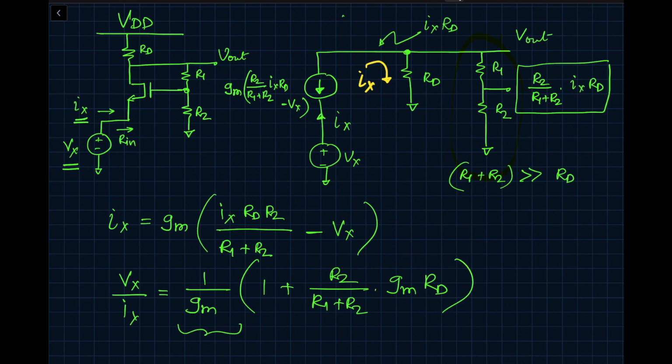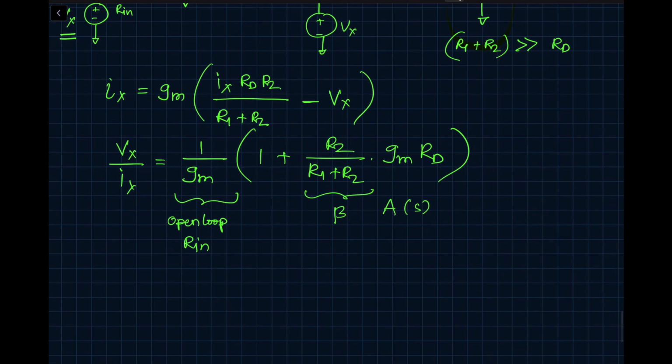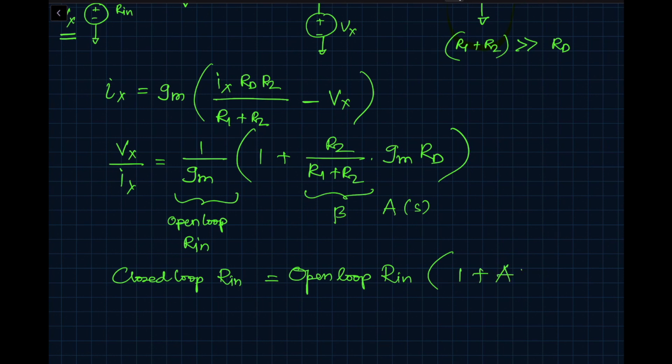This 1 over gm was our open loop Rin, and this is our beta, and this is our A of S. So closed loop resistance or closed loop impedance is equal to open loop Rin multiplied by 1 plus A beta. Again, this is large. So in this particular example, our input impedance has increased by a factor of 1 plus A beta.